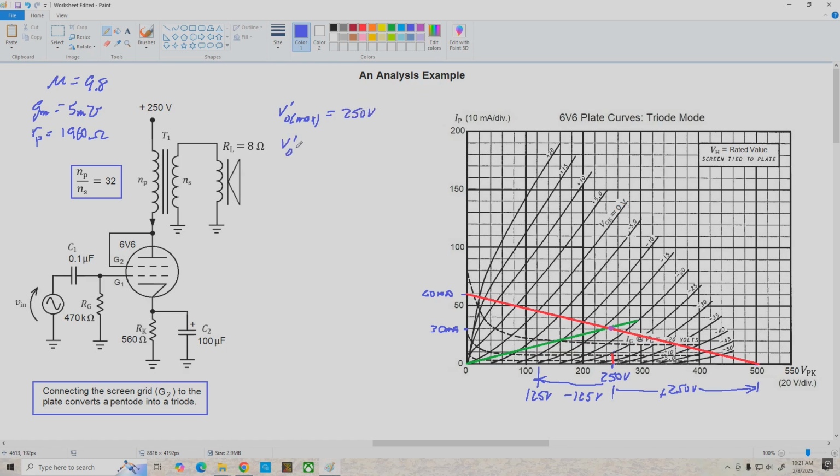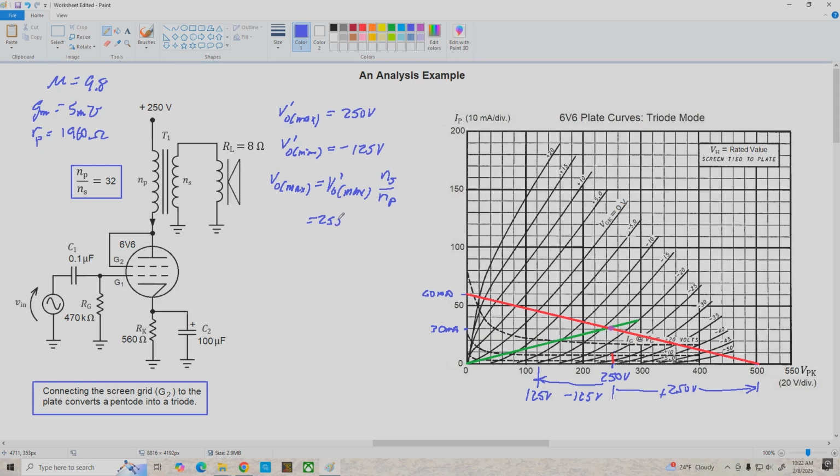V prime out minimum is negative 125 volts, and the actual output voltage is going to be these values multiplied by the reciprocal of the turns ratio. So VO max is equal to V prime O max times the reciprocal NS over NP.